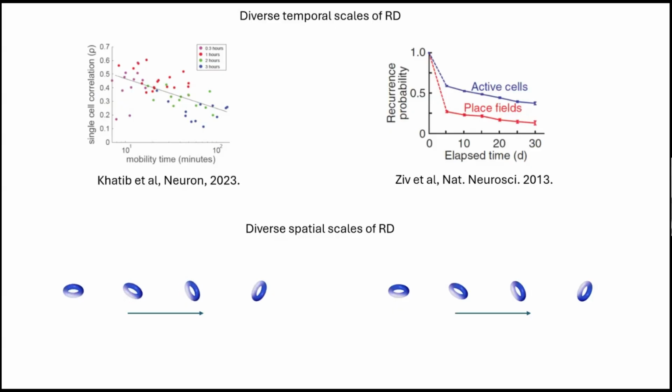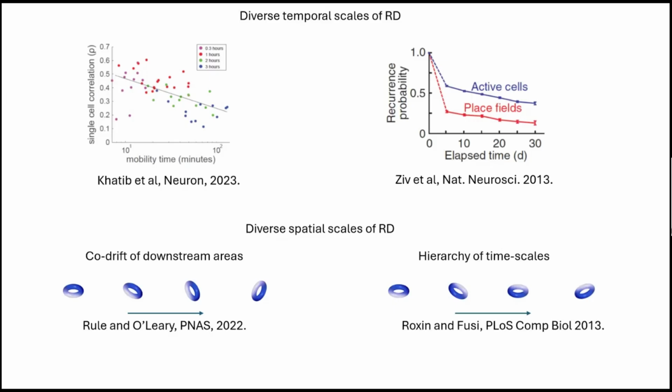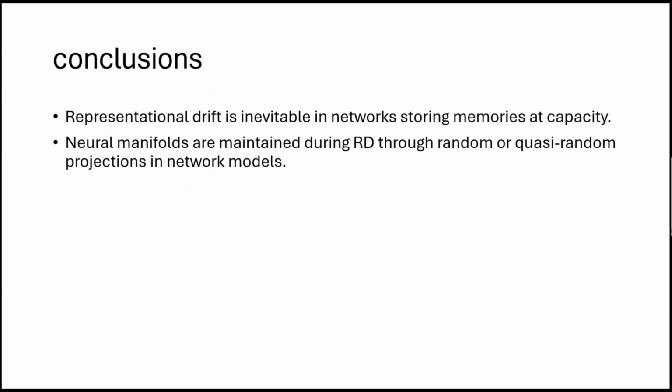So maybe the readout areas are changing along with the upstream areas in such a way that the readout is always the same. So you have some co-evolution there, some co-drift in downstream areas, in such a way that these changes are not a big deal. Another possibility is that you might have a lot of change in early areas and less change in downstream areas, in such a way that you could stably read out, say, the areas right before you make a motor output. And there's earlier work which suggests something along these lines.